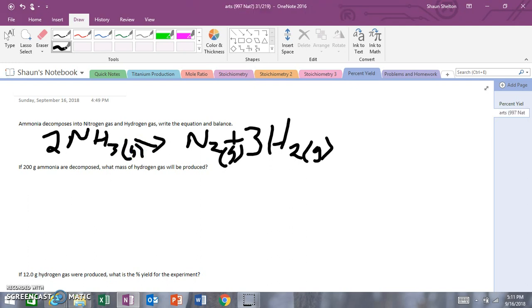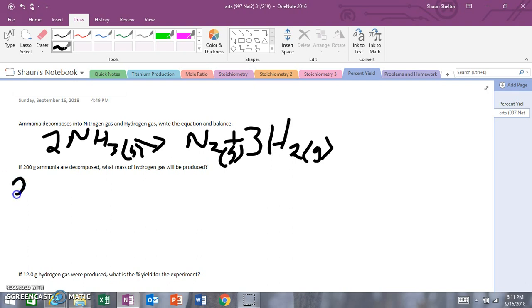Now, the second step says if 200 grams of ammonia are decomposed, what mass of hydrogen gas will be produced? Well, here we're taking 200 grams of ammonia, and we want to figure out how many grams of hydrogen gas is going to be produced. We're going to have to do some stoichiometry here.